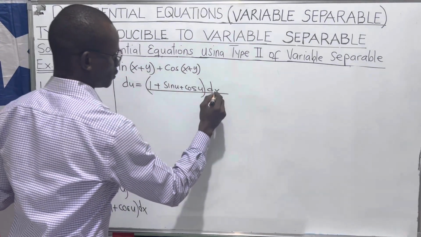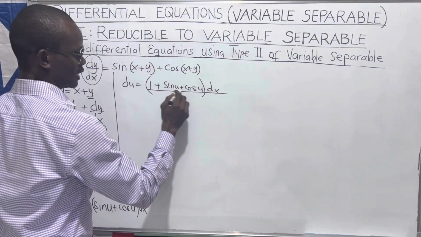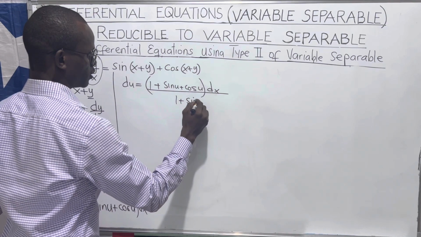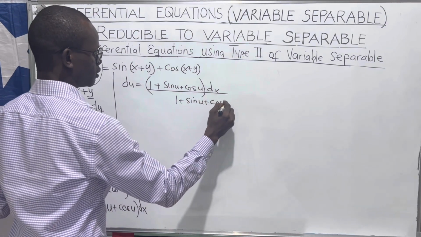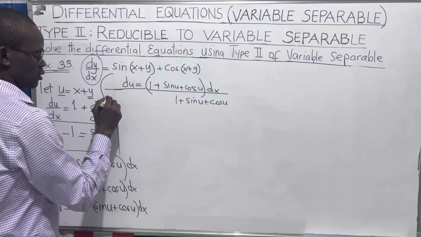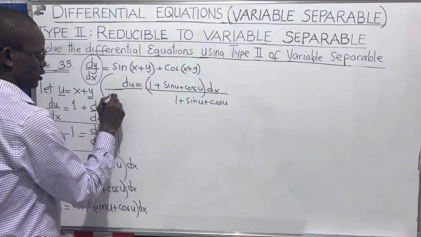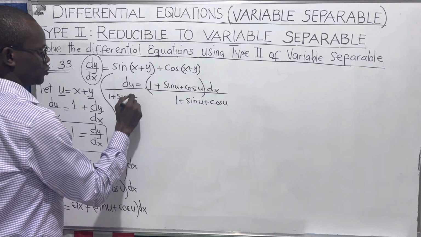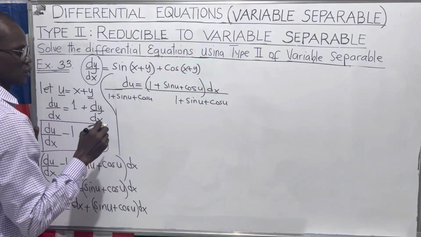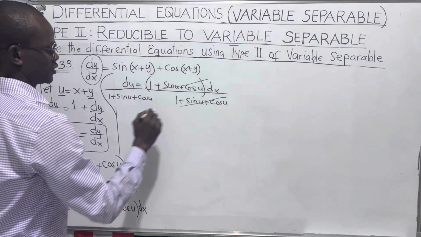Now we want only x, since these are in u, so we must get rid of it. We divide on this side by 1 plus sine of u plus cos of u. So this will cancel this one.